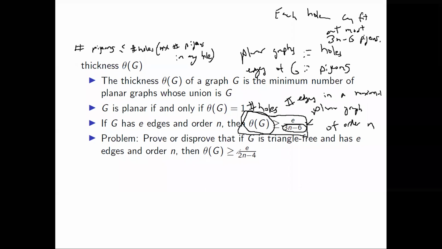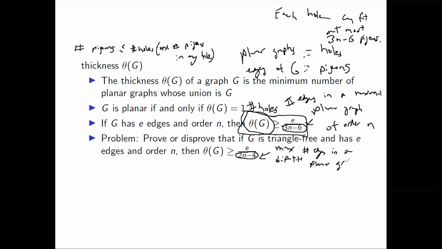So here the 2n minus 4, that might look kind of familiar. Remember, we proved this as a bound on the maximum number of edges in a bipartite planar graph of order n.